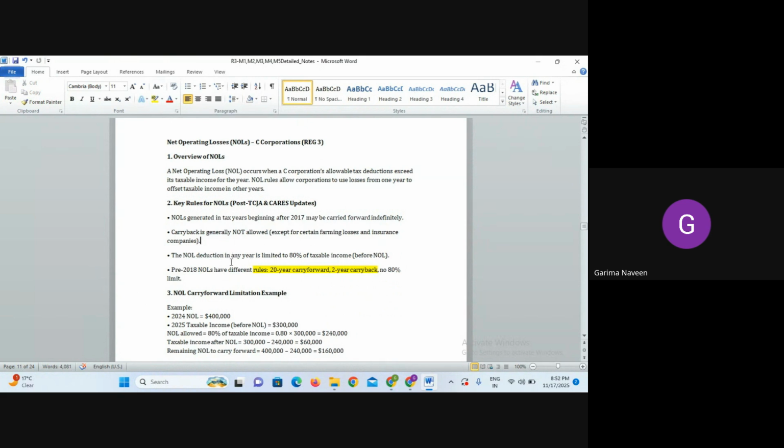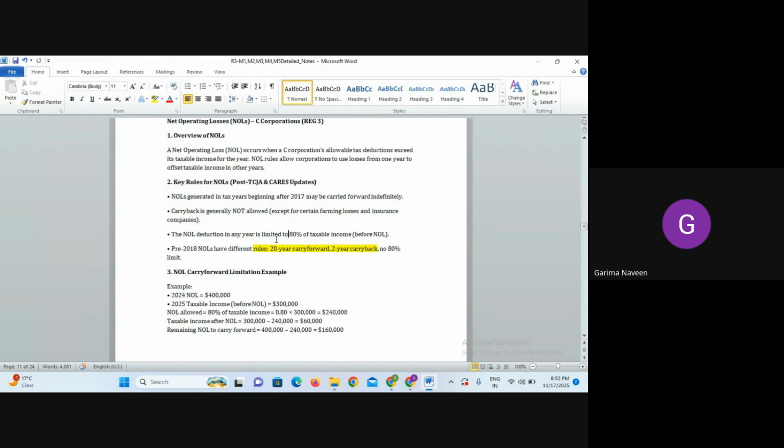Also, the annual deduction in any year is limited to 80% of taxable income. Up to 2020, it was 100% of losses you could deduct, but now this limit is 80%.